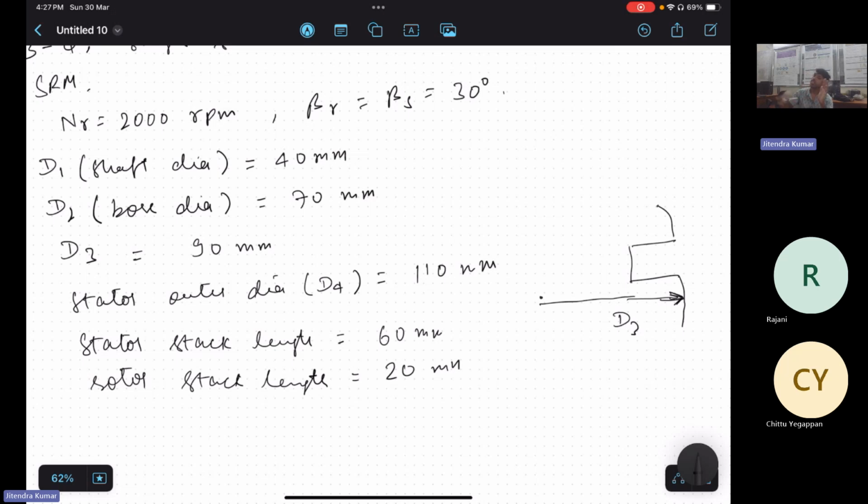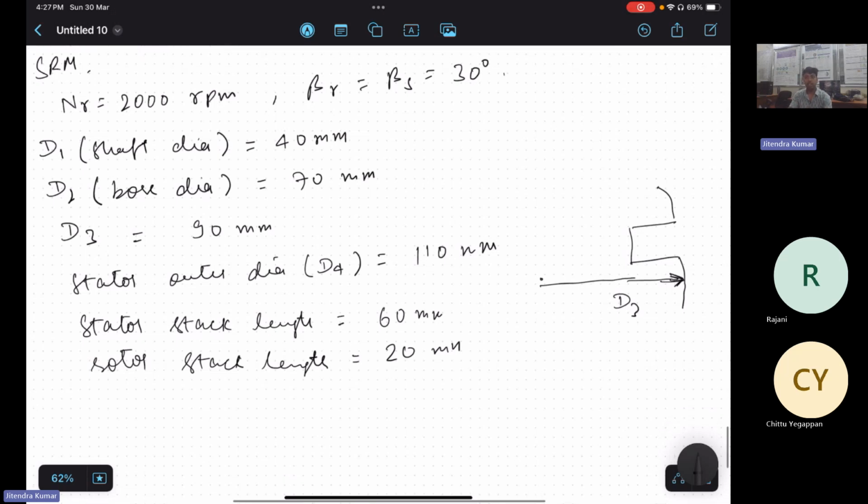In an axial flux machine, the flux will travel through the axial length, and since it is a single stator double rotor, two rotors are placed outside and one stator is placed inside where the windings are done. Now, air gap is 0.5 mm and number of turns per phase is 32.